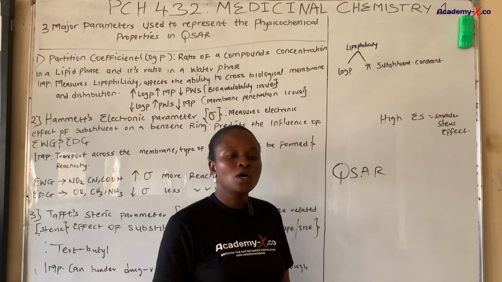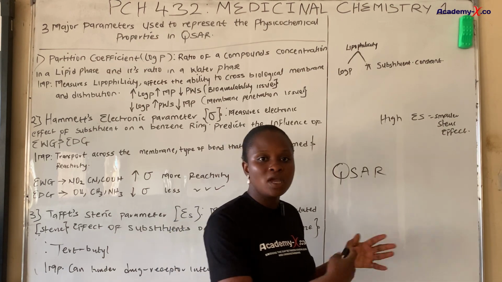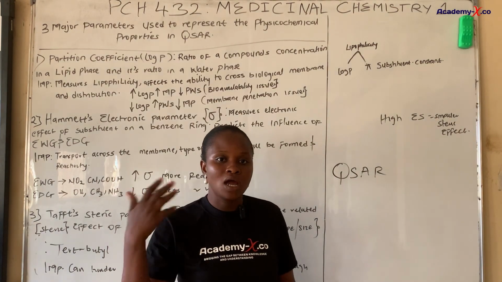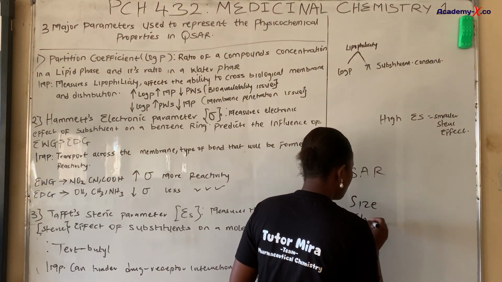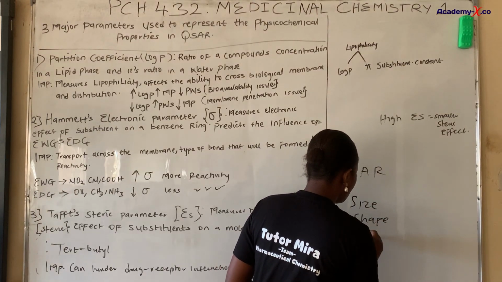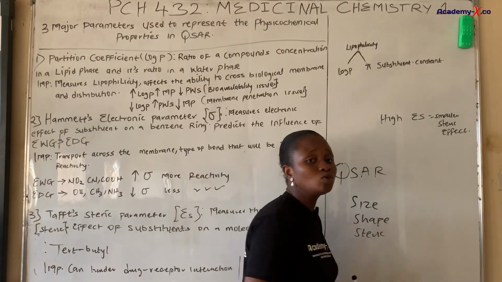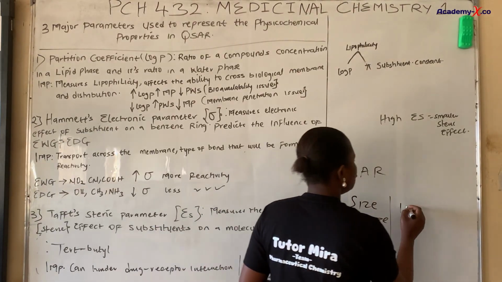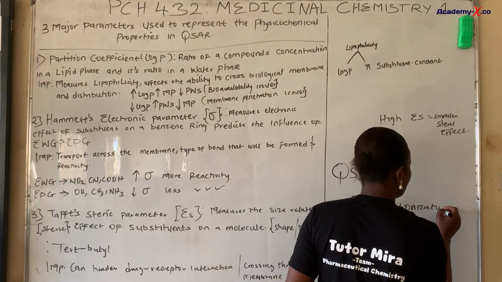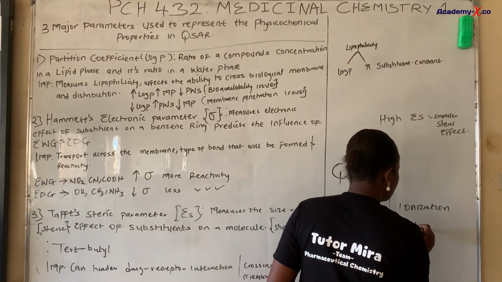So it shows the relationship between the geometric characteristics. When you talk of geometric characteristics, you're looking at the size, the shape, the steric effects, and also you are considering the chemical properties. The chemical properties could be the ionization, the hydrogen bonding.